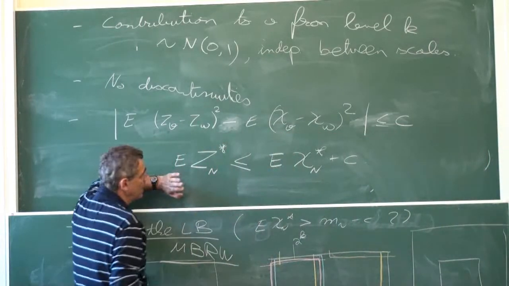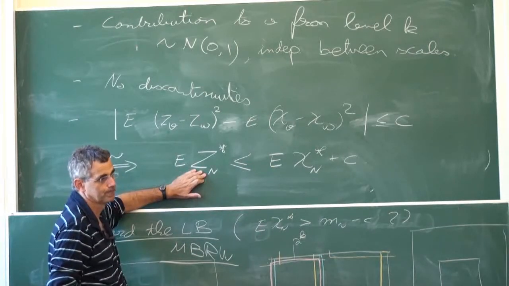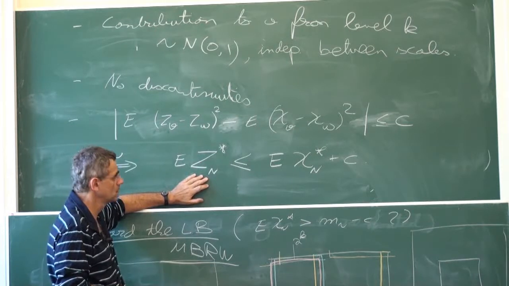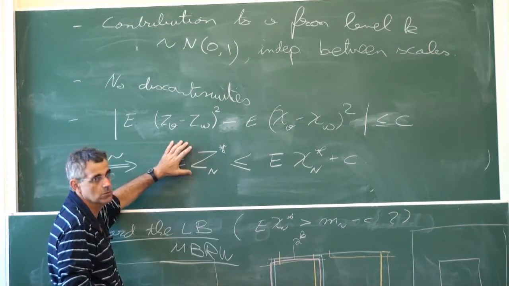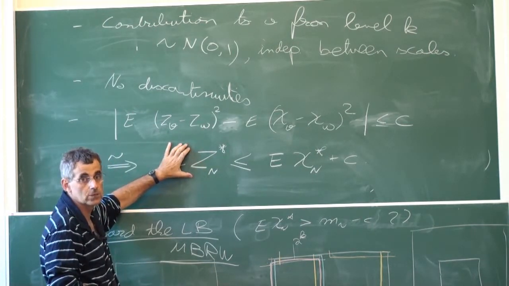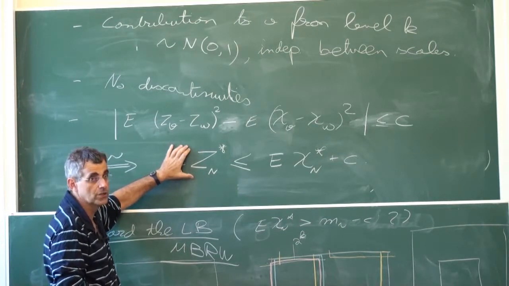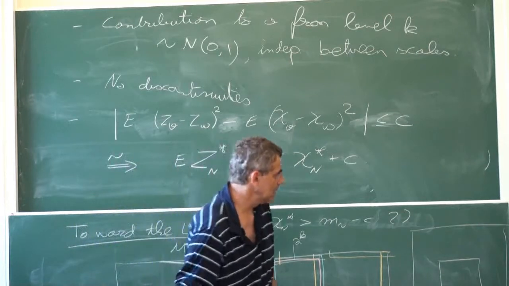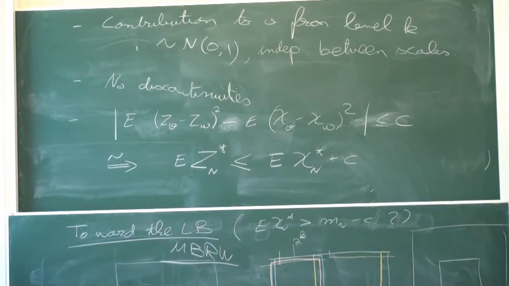So now it remains to estimate that. After we did all this work, we had a comparison. All that remains to do is to compute the expectation of the maximum of this modified branching random walk. So let's look slightly more closely at the branching random walk.